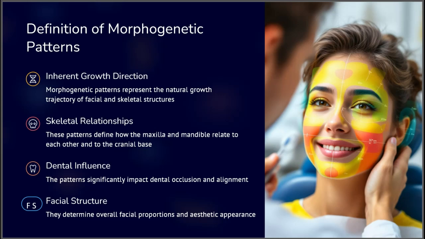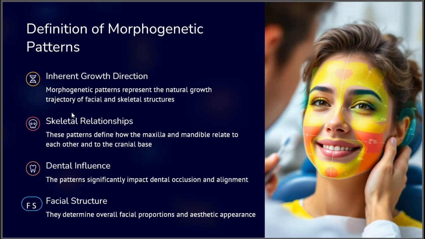So let's look again at some definitions here. The pattern drives the growth direction of the patient. If you're treating an adolescent patient, they have a certain component of how the lower jaw is going to grow.